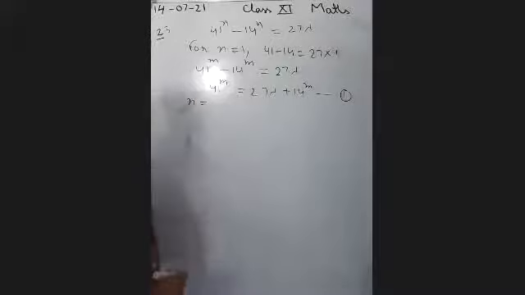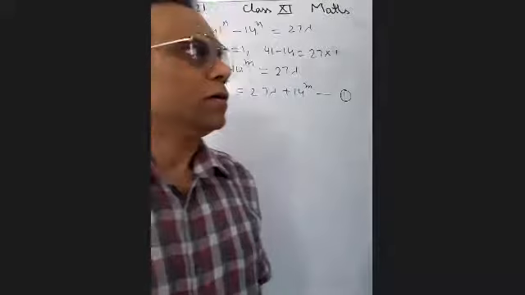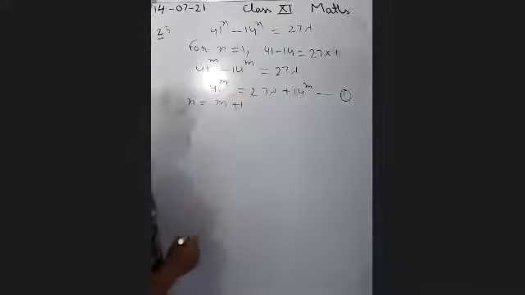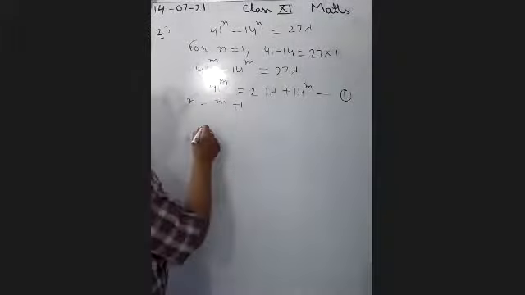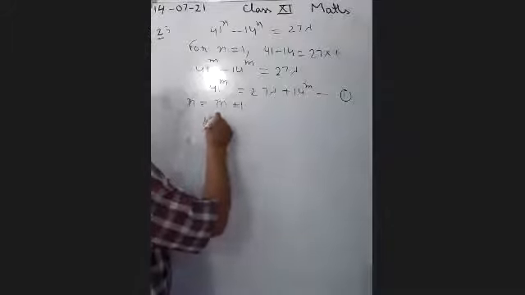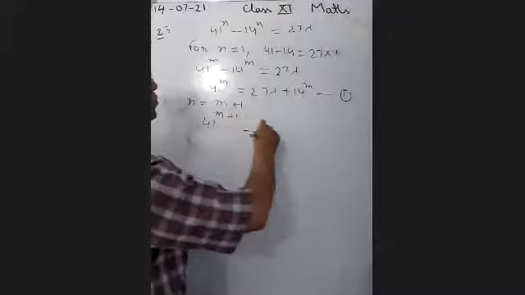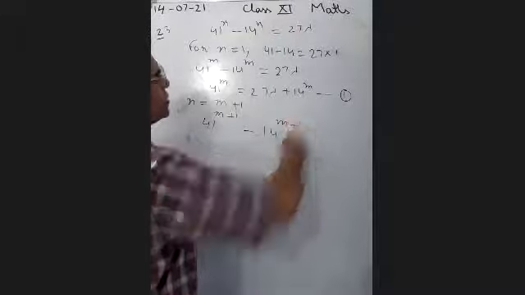Now we are putting n equal to m plus 1 here: 41 to the power m plus 1 minus 14 to the power m plus 1.